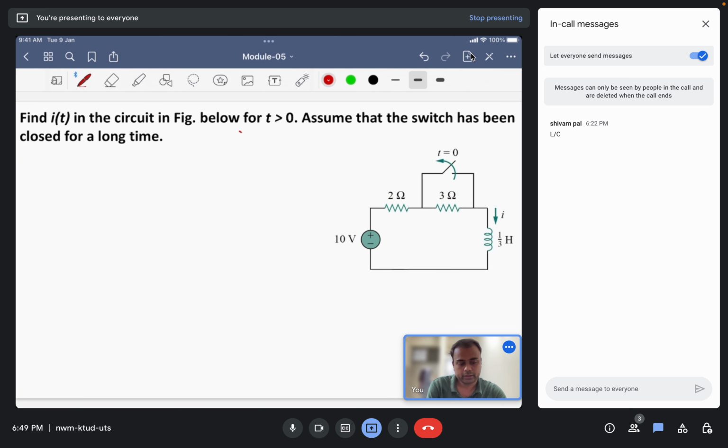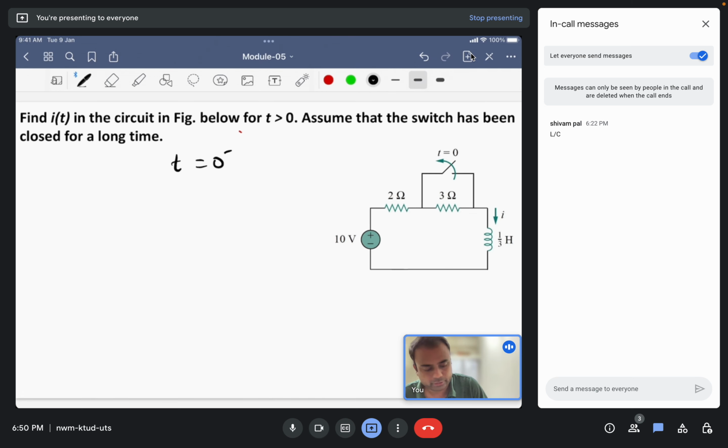At t equals 0, there was a short circuit across the 3 ohm resistor. So let us calculate the current flowing through the inductor when time t is less than 0, or just before the switch is opened, that is at t equals 0 minus.